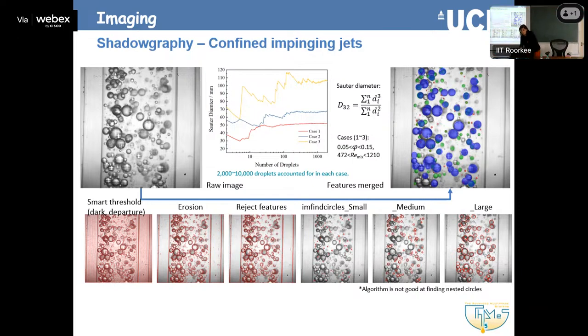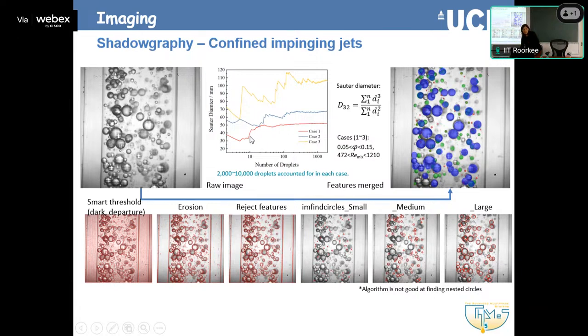Okay, so with this post-processing, we were able to get decent drop size distributions without doing it manually, because it's always one option to do it by hand. But if you do it a little bit more automated, then you can get a lot of drops. So it shows here that he actually measured between 2,000 and 10,000 drops in each case, which by hand would take long.